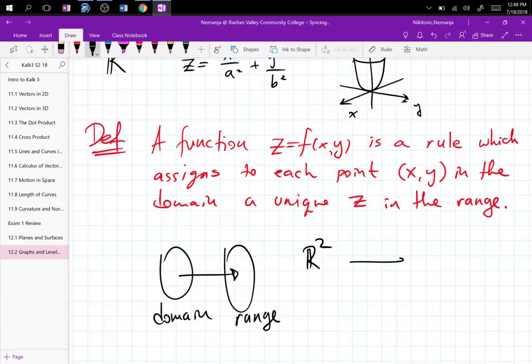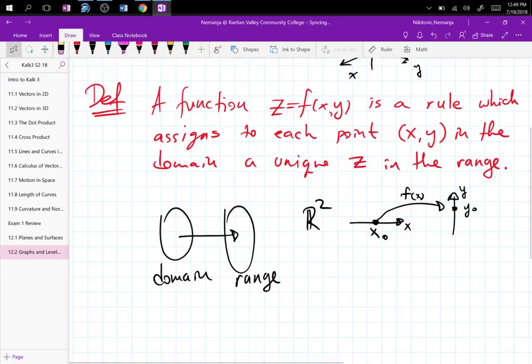Now, for R2, you had a number from the x-axis map into a number on the y-axis, and that was what f of x used to do.